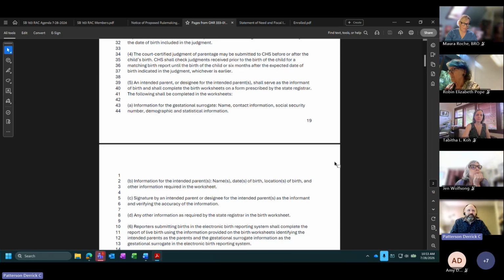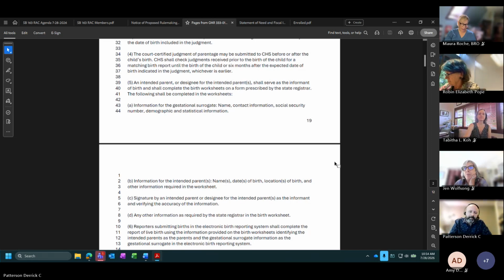B, information for the intended parents, names, dates of birth, locations of birth, and other information required in the worksheet. C, signature by an intended parent or designee for the intended parents as the informant and verifying the accuracy of the information. D, any other information as required by the state registrar in the birth worksheet. Any questions or feedback on this section?